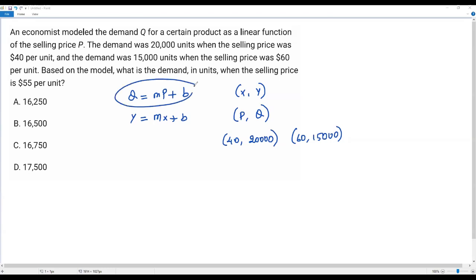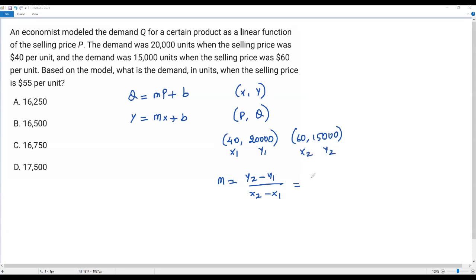Using these 2 points, I can get the value of the slope m. Whenever we have 2 points of a linear function, the formula for the slope is m equals y2 minus y1 over x2 minus x1. We consider the first point as x1, y1 and the second point as x2, y2.